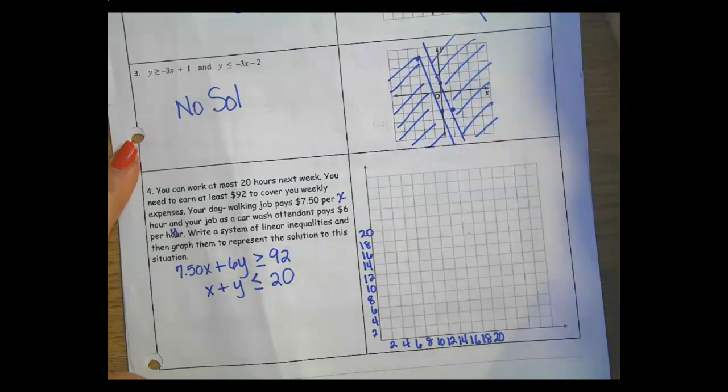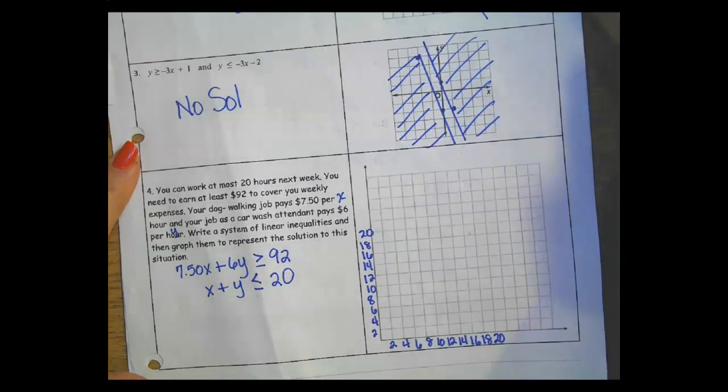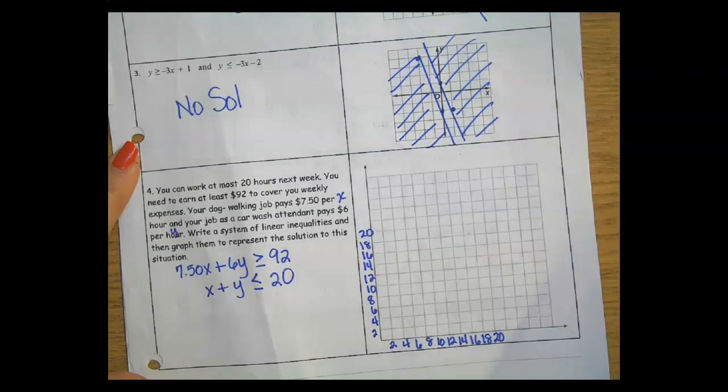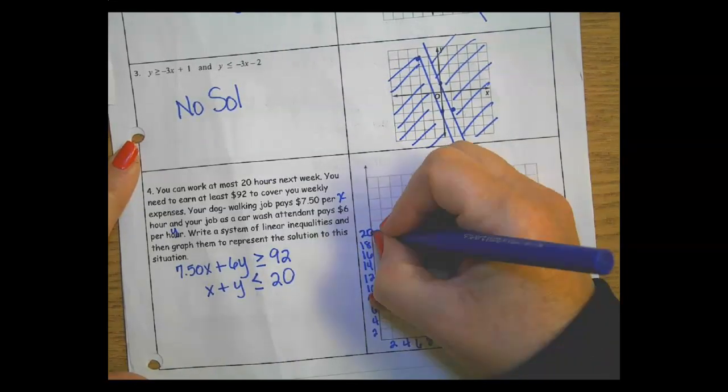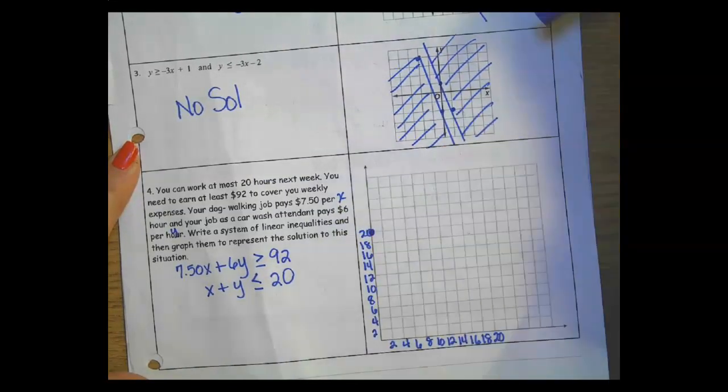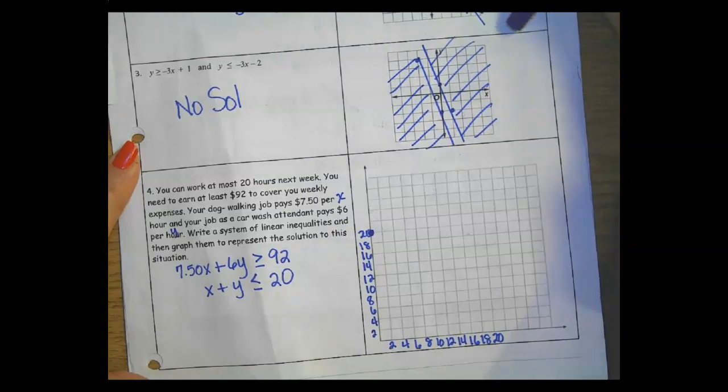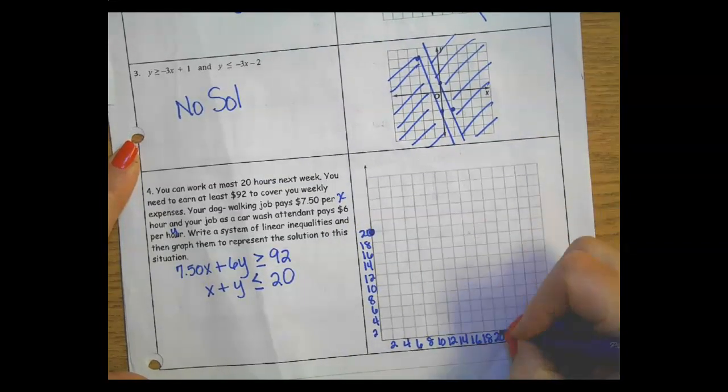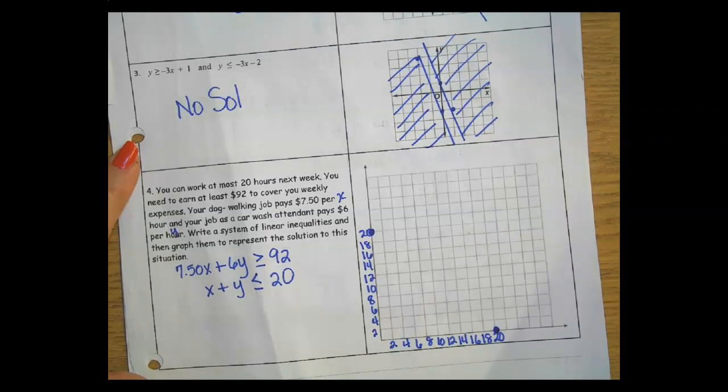Now, if I look at my graph, I see that I am on 20 on the y. So right on 20 on the y. So I'm going to put a dot here. And that line on the x crosses at 20. So this one goes 20 to 20. So I'm going to draw a solid line there.